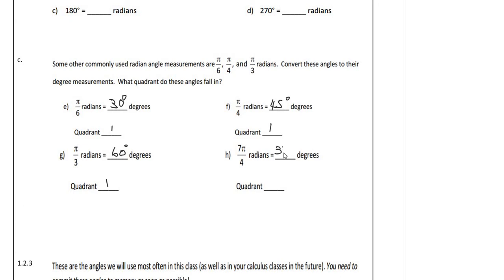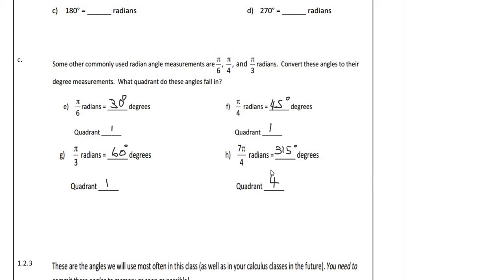Okay, 315. You people agree? Remember, pi over 4 is 45. So 7 times 45. Or you can just put 180 in for pi, so 7 times 180 over 4. And that's, of course, in the fourth quadrant.